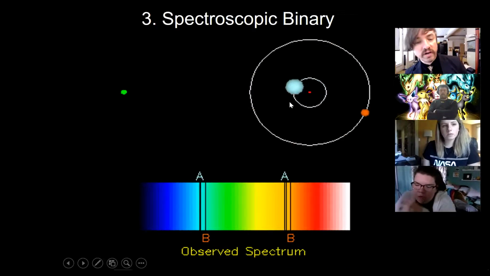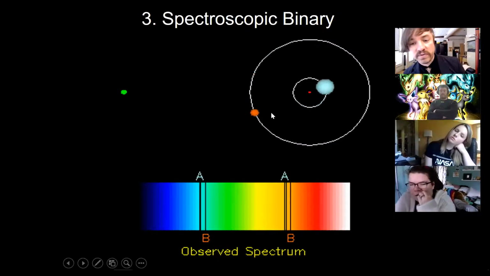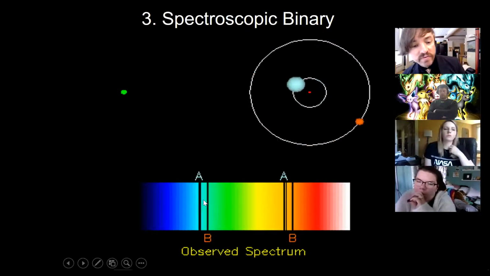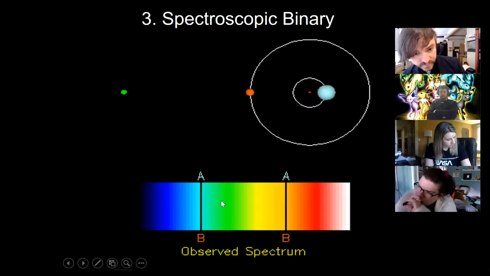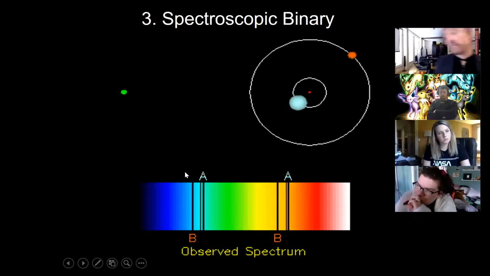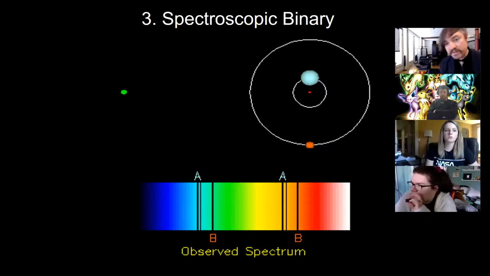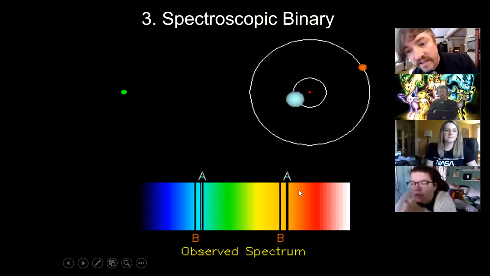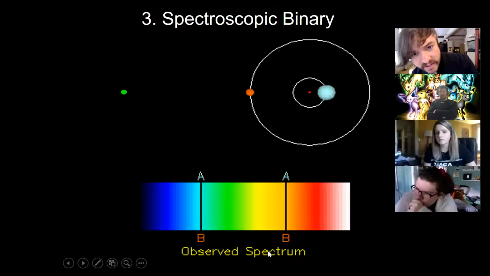The larger star has less velocity because its mass is making it more sluggish, and it's also going through a set of blue shifted and red shifted absorption lines, just not quite as much. And if you remember anything about the Doppler shift, you'll remember that its purpose is to get the velocities of the stars based on the shift in these absorption lines.